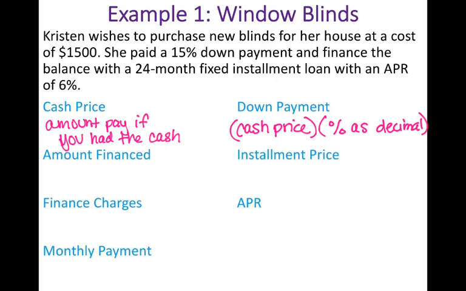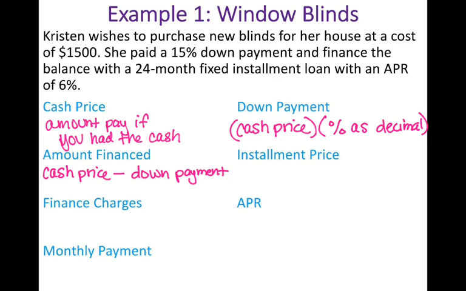The amount, why can't I say that word? The amount financed is going to be the cash price minus the down payment. All right, and the installment price I save until after I've done the finance charges, because the installment price includes the finance charges.